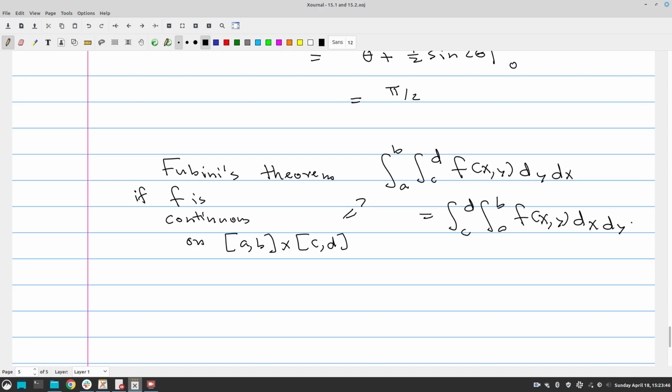Now, what does this tell you? This tells you basically that it doesn't really matter if you do the x integral first or the y integral first.